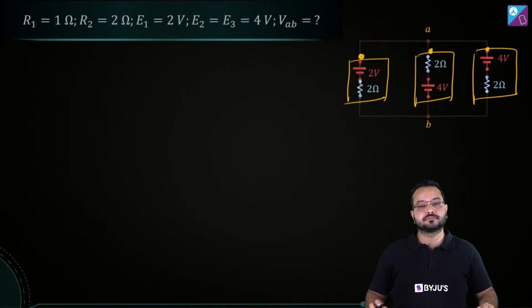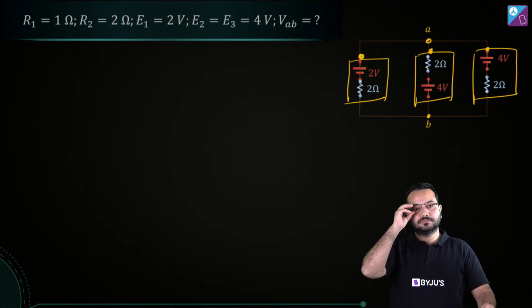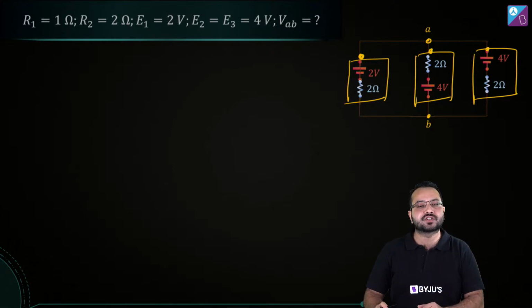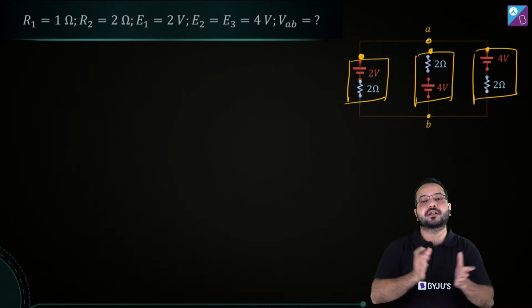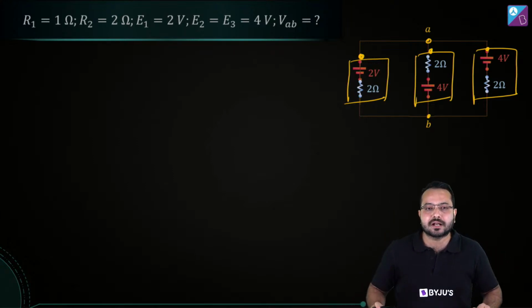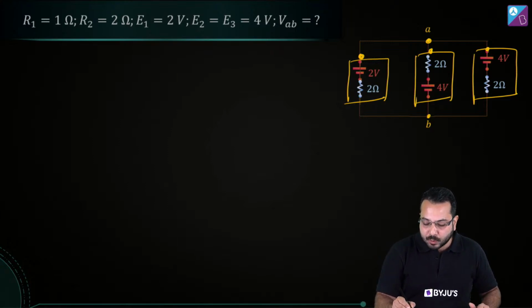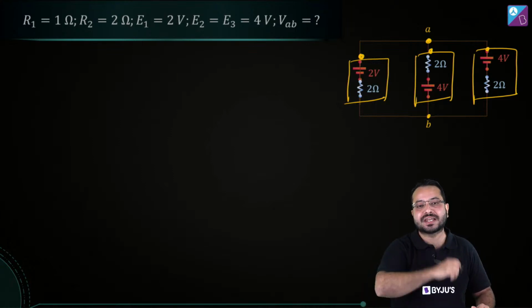Now are all these cells between points A and B? Can you check and tell me? All these cells are between A and B, which means they are in parallel combination, and we can use the result for combination of cells in parallel. Of course we can do that. So basically we are going to find the equivalent EMF and equivalent internal resistance between the points A and B. Do you agree?